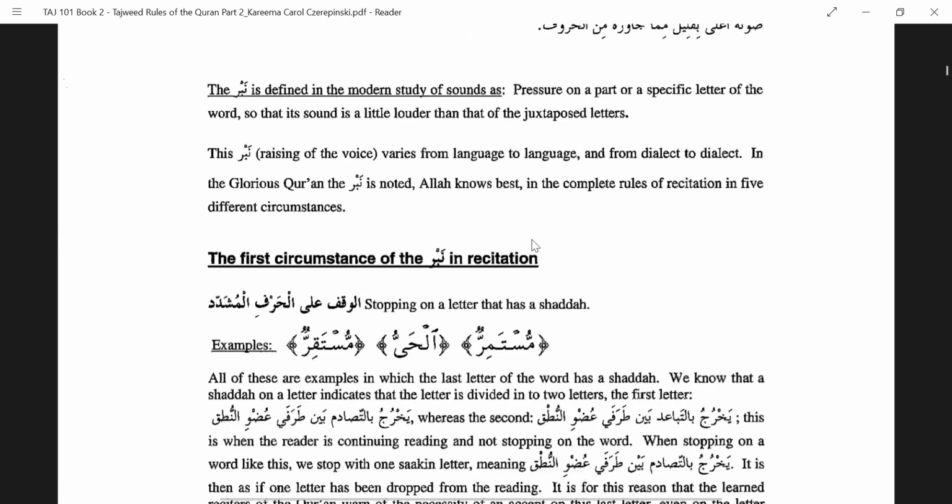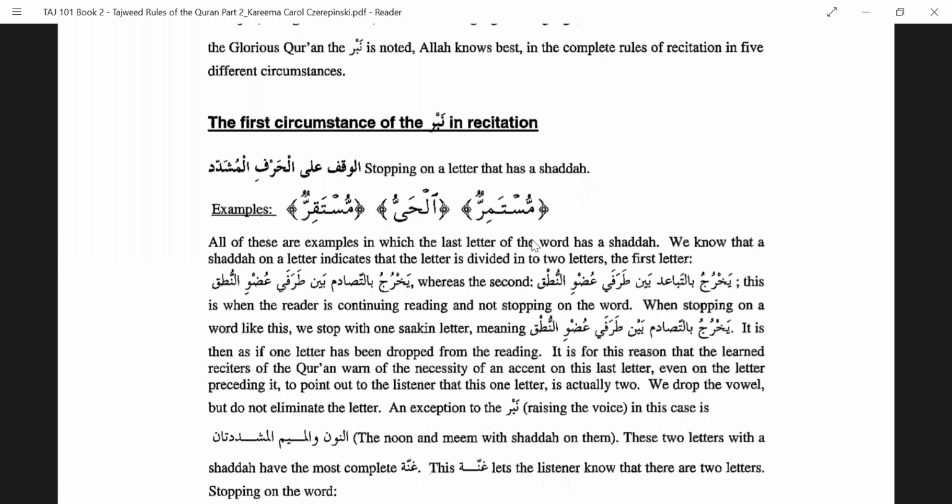First is waqf ala al harf al mushaddad. Waqf means when you stop. Ala is on. Al harf means alphabet. Mushaddad is the one which has a shadda. So when you stop on an alphabet which has a shadda, you have to do nabr. Now the reason behind it: if you see the first example mentioned here, mustamirrun.